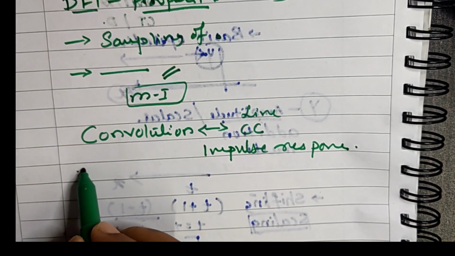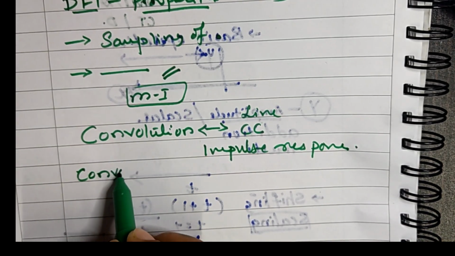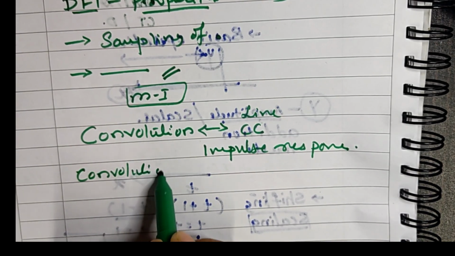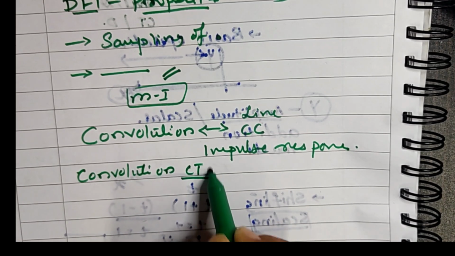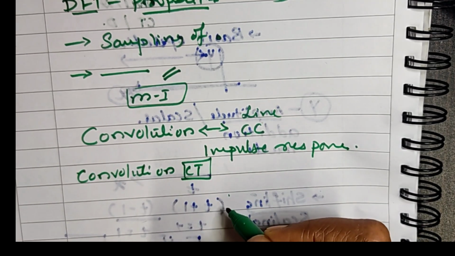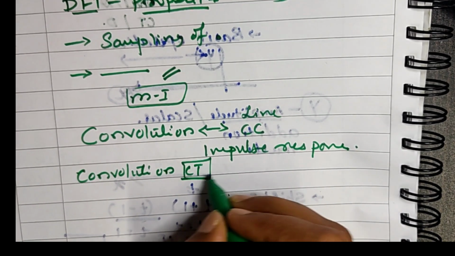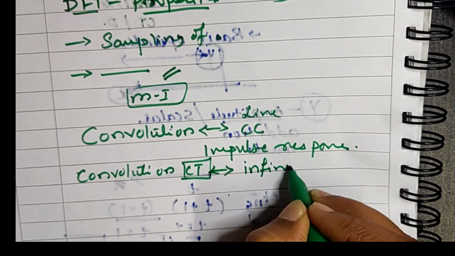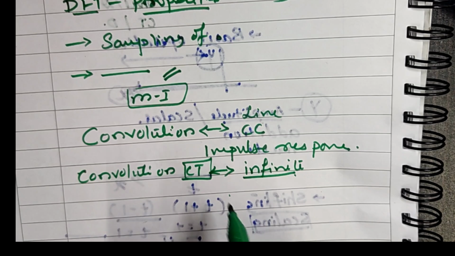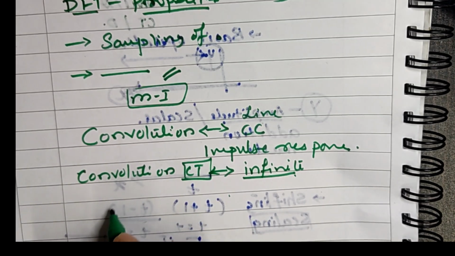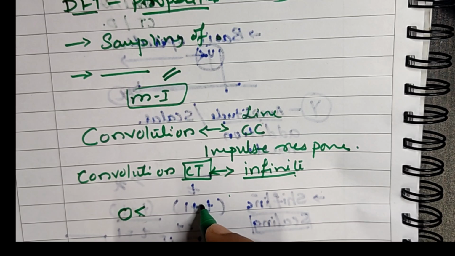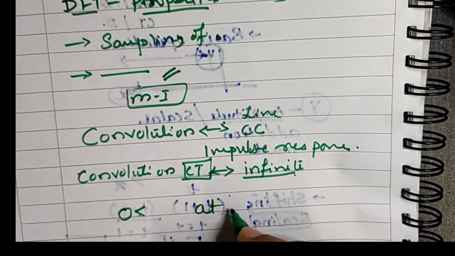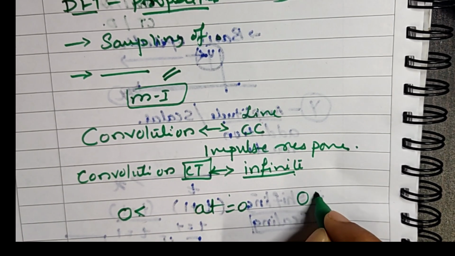And remember, in convolution, infinite signals have a definite convolution. So you can have only 3 conditions: less than 0, at 0, and greater than 0.